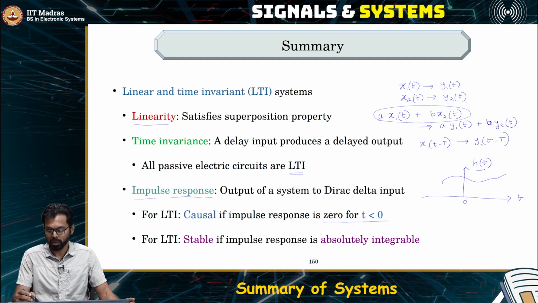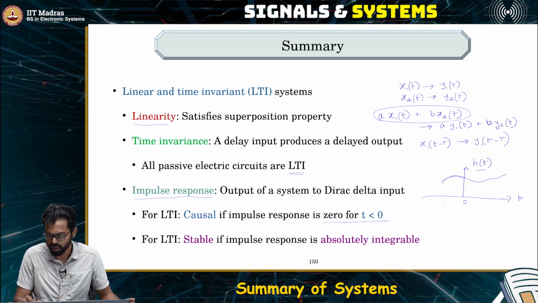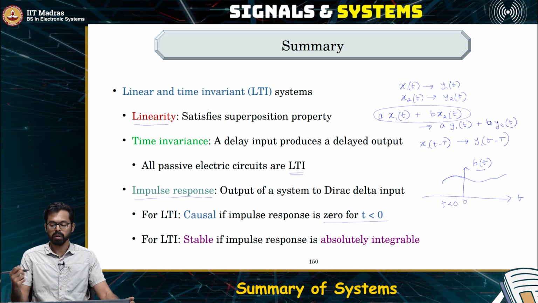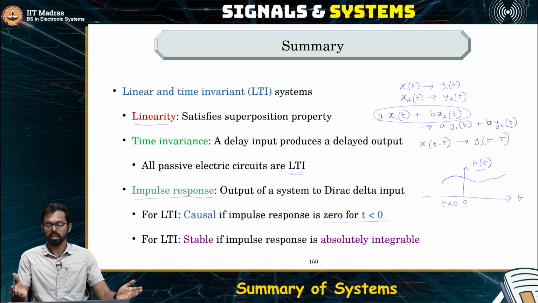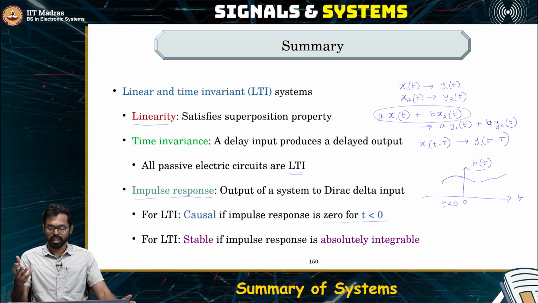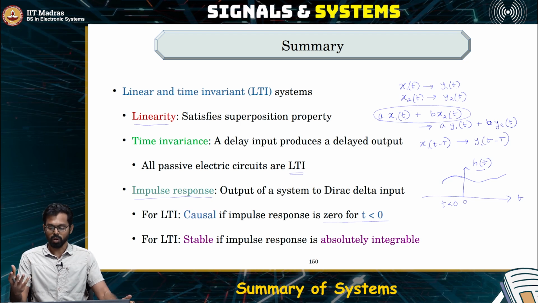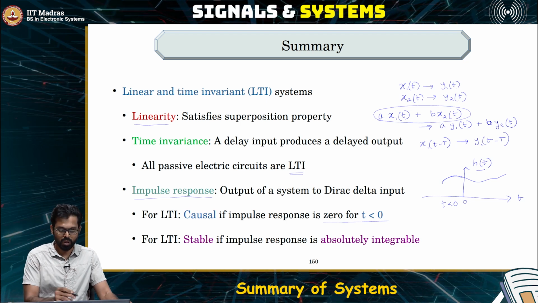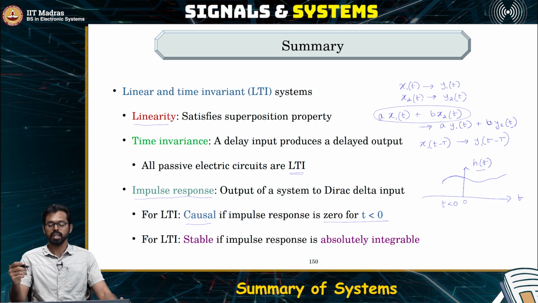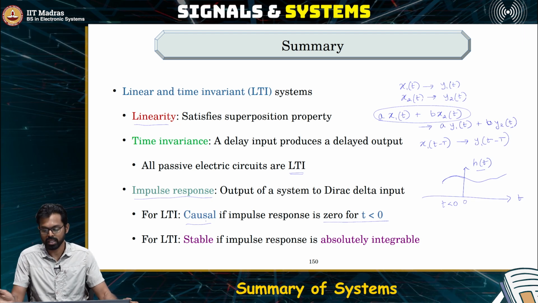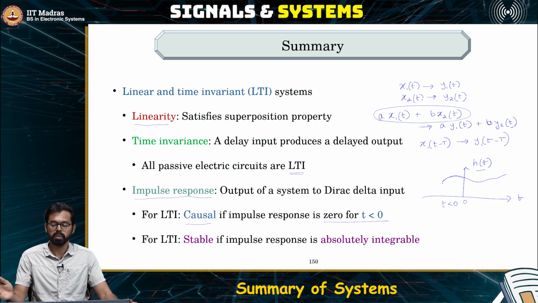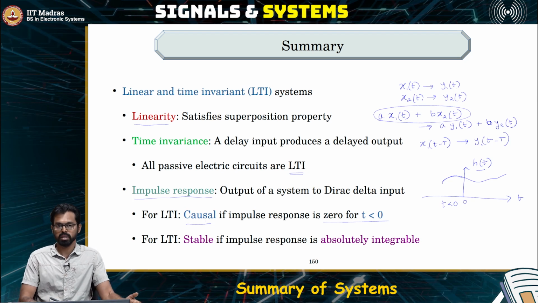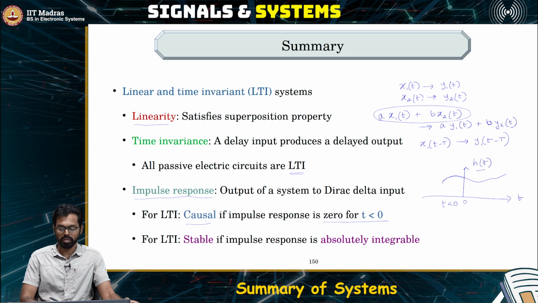And if the impulse response has non-zero values for negative values of time, then we know that because of the convolution property, this signal will end up creating a non-causal output. For this reason, the LTI system is causal only if the impulse response is right-sided and exists only beyond time t equal to 0. So this is a very important observation that we can use to infer the causality of LTI systems.